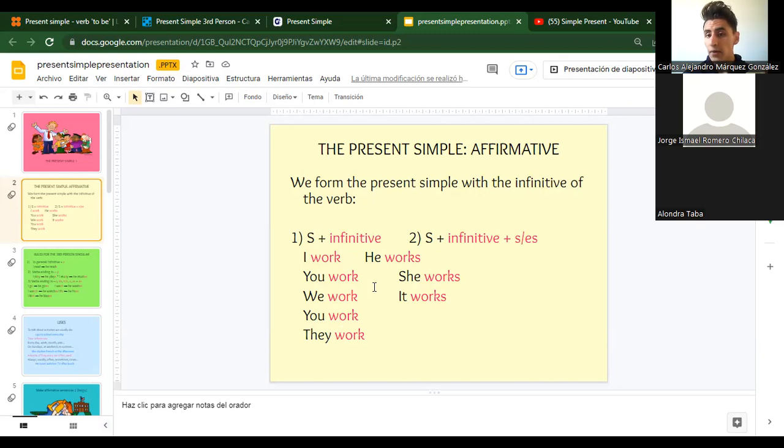But what happens with he, she, and it? We're going to add a letter S at the end of the verb. He works, she works, and it works. Work. Does anybody know what is the meaning of work in Spanish?